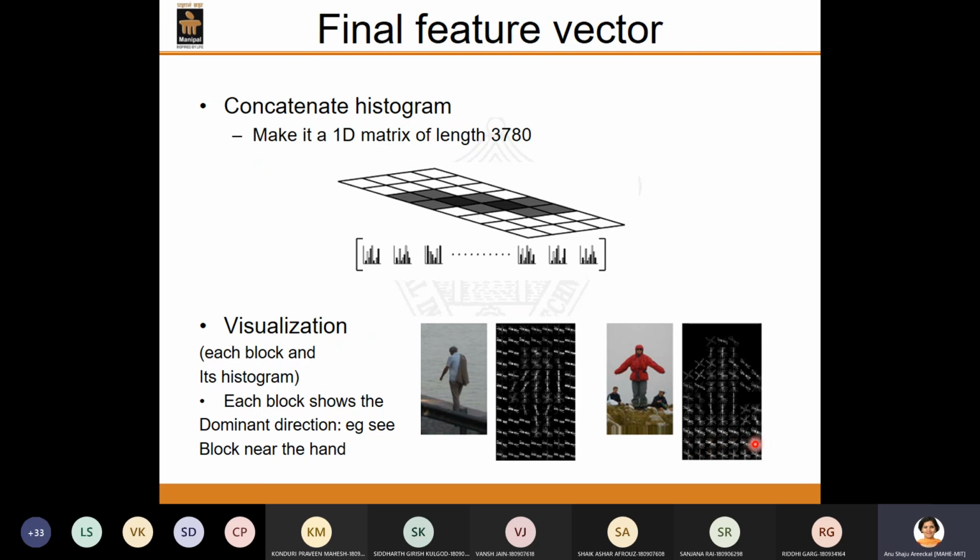Now, the advantage of using the HOG is that when you have a person who is walking or running, etc., in a particular image, it becomes easier to identify the person by looking at just this image. And as I said, this has been applied for various other applications also. It need not be a person alone.